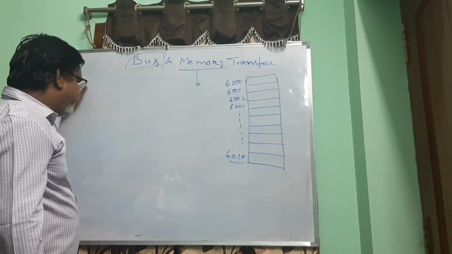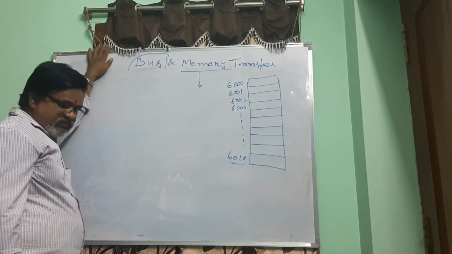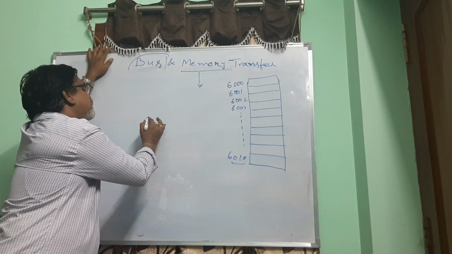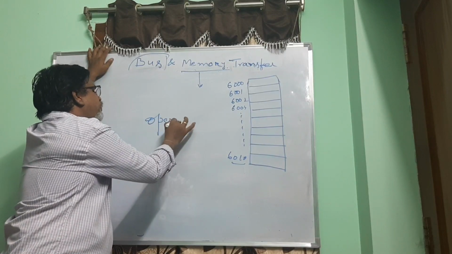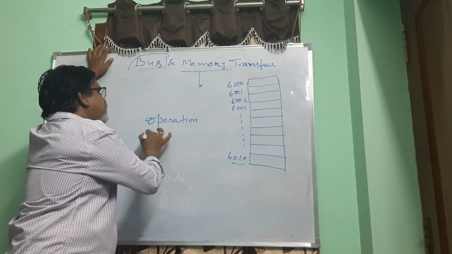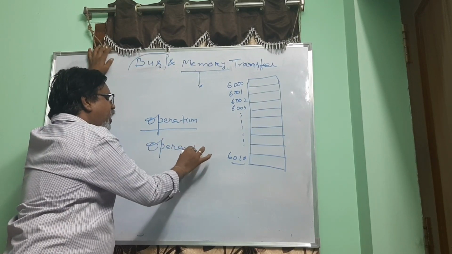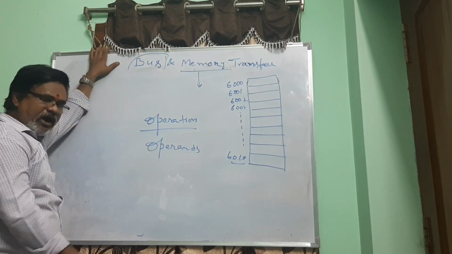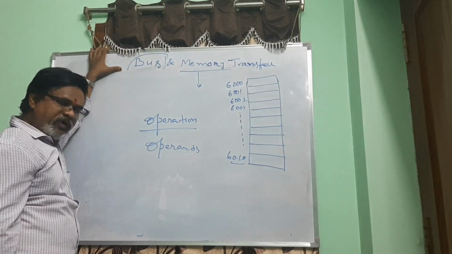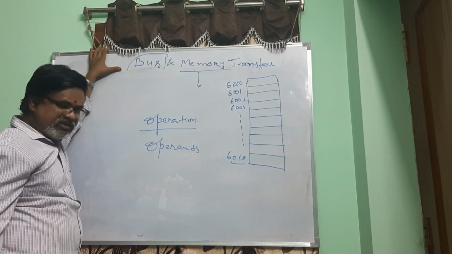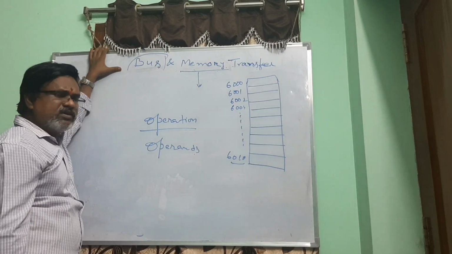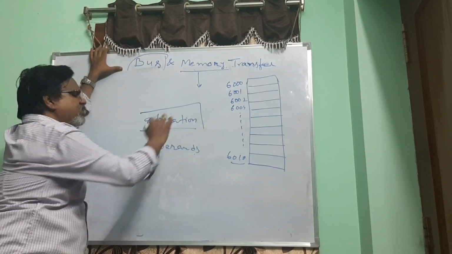So, if you want to perform a certain operation, I told you, you definitely need operands. Say for example, if I ask you to add two numbers. So here add is an operation.